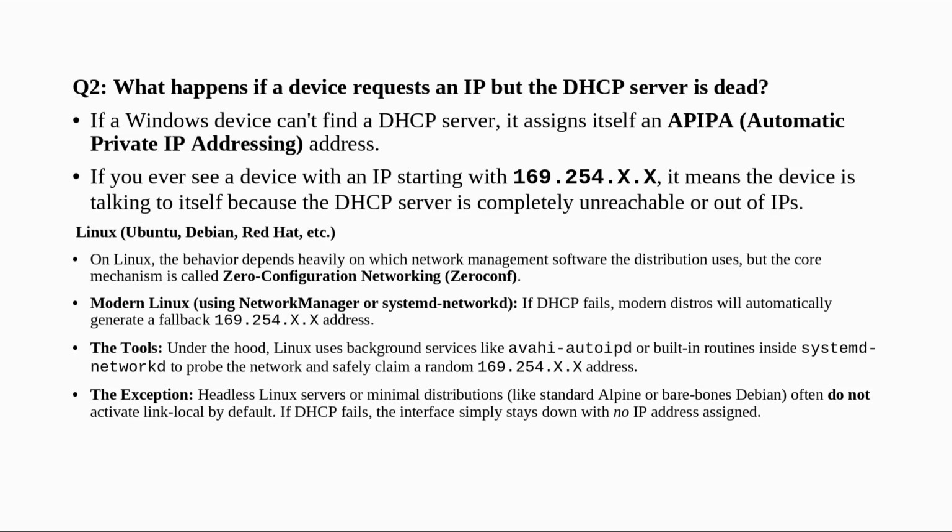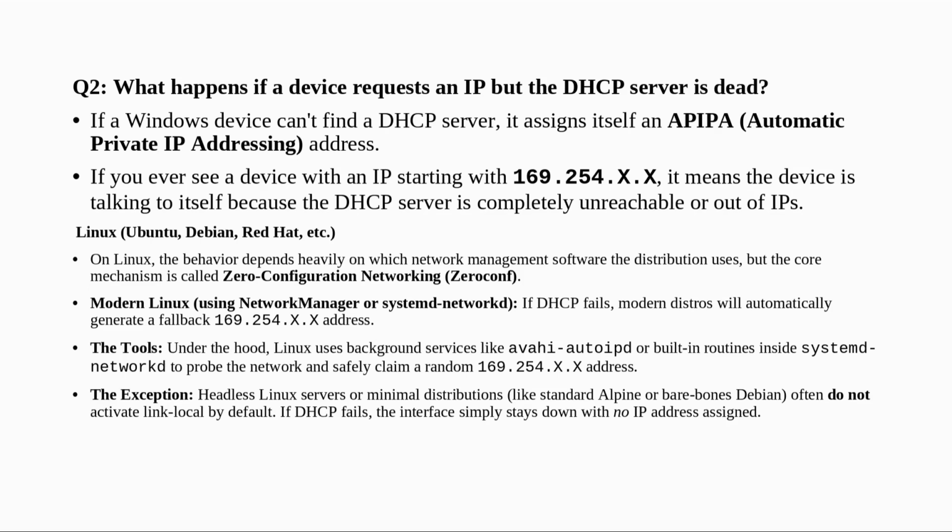So if DHCP fails, a modern distro will automatically generate a fallback 169.254.x.x address. The tool used is basically Avahi-autoipd, or a built-in routine if it is using systemd-networkd, to probe the network and safely claim a random 169.254.x.x address.